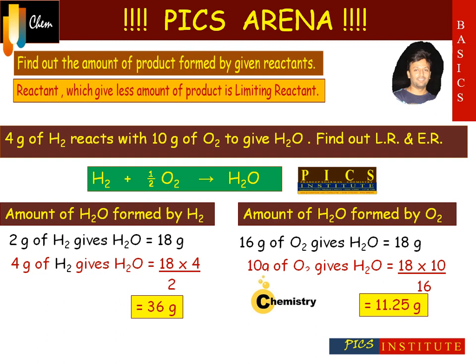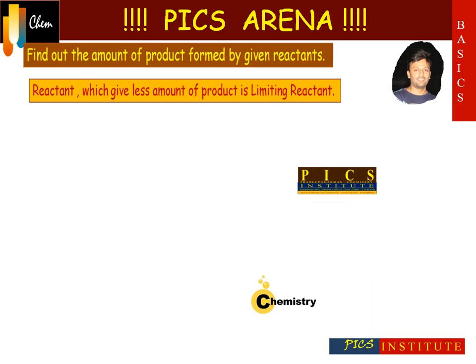So from the second point we can say the substance which gave less amount of product is the limiting reactant, hence O2 is the limiting reactant. So students, this is the simple method to find out the limiting and excess reactant. Now let's try another problem.